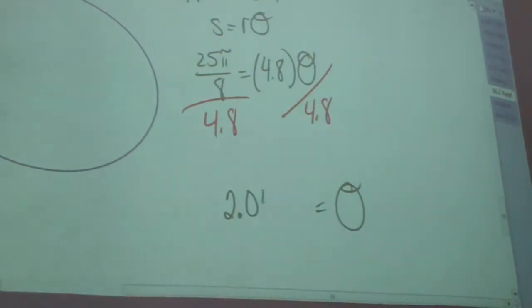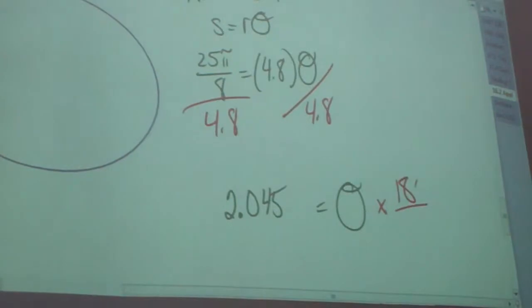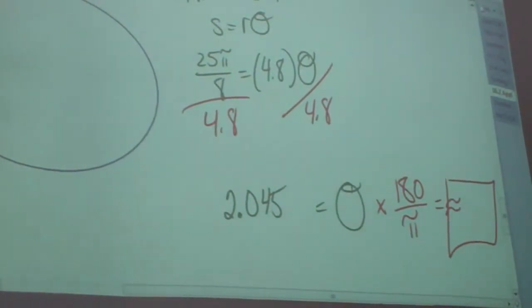Yep. Alright, let's change that to degrees. What do you get? 117.